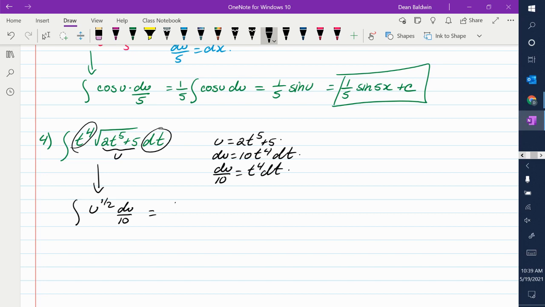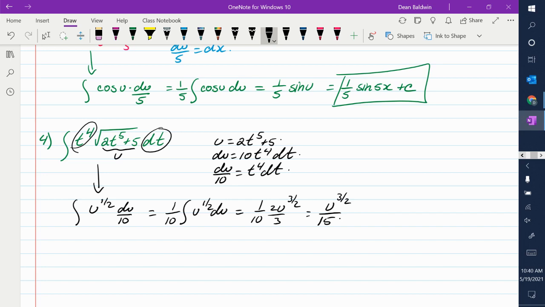All right, take the 1/10 out. And then you add 1, 3 over 2, which is the same as multiplying by 2 over 3. So I get u to the 3/2 over 15, sorry. That makes more sense.